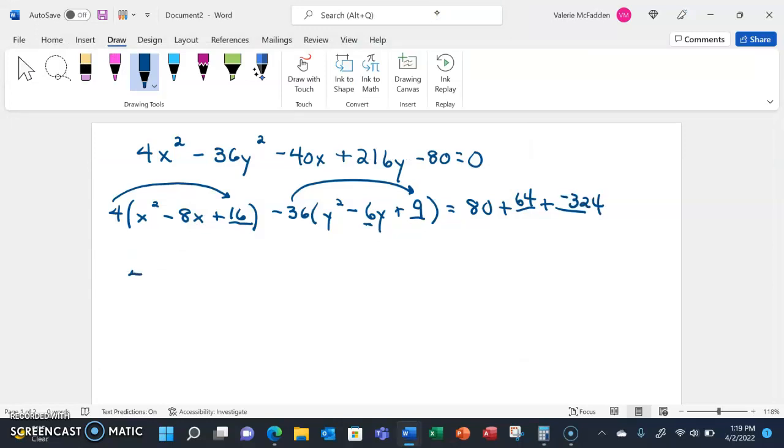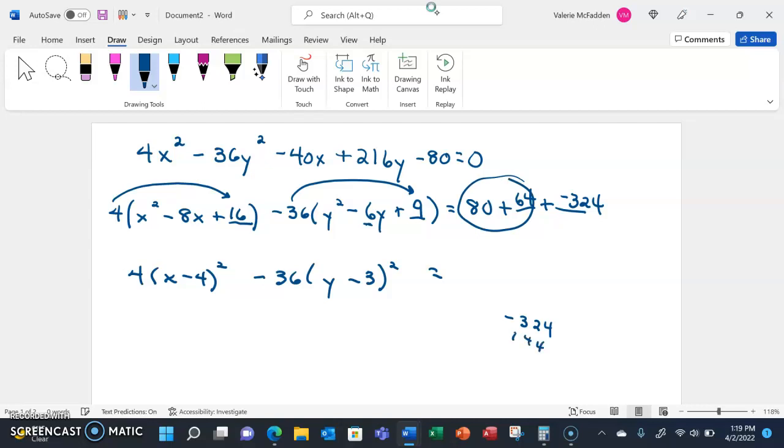So on the left, we have 4 times the quantity x minus 4 squared minus 36 times the quantity y minus 3 squared equals negative 324 plus, that would be 144.